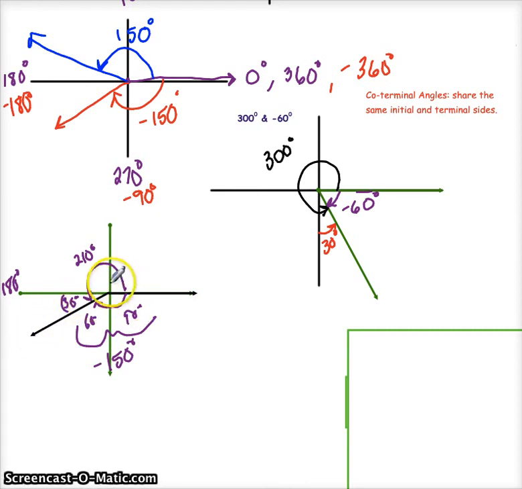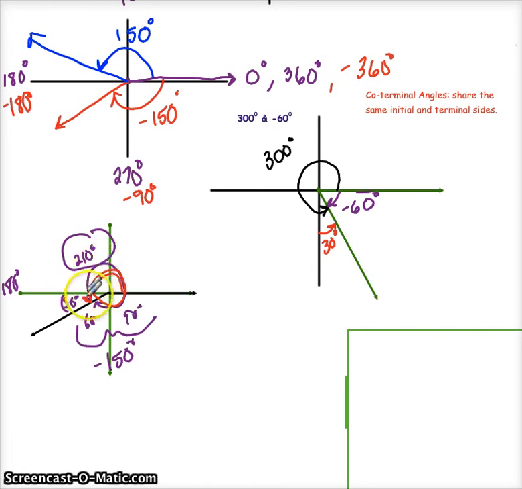What if I wanted a coterminal angle that is positive, not negative like negative 150? Let's see how we would do that. So if I wanted to land on this same terminal side, I could travel all the way around the coordinate plane and then back again to that terminal side. So let's see what that gives us.